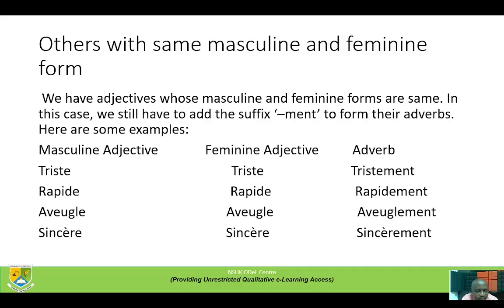Triste, the same form in masculine and feminine. Then the adverb there is tristement. Rapide. Then the adverb there is rapidement. Triste means sad. Then tristement means sadly. Rapide means rapid.